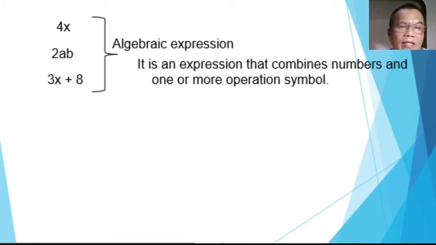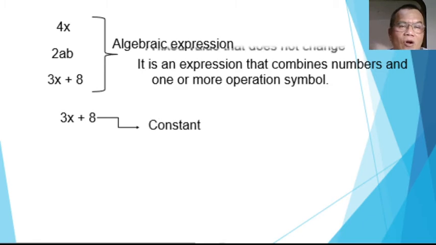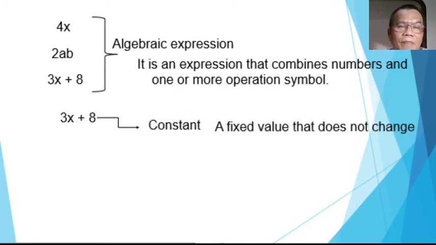Okay, let's use again the 3x plus 8, and let us define its terms. So 8 is the constant. And when we say constant, it is a fixed value and does not change. And then x is the so-called variable or the literal coefficient.